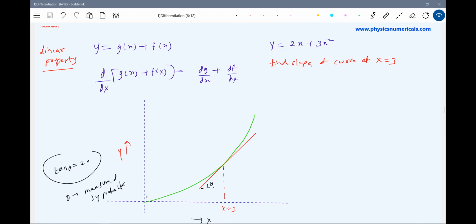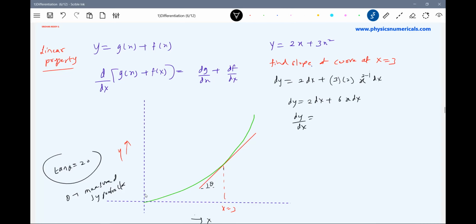So here we will proceed in this way. dy is equal to 2 dx plus 3 into 2x to the power of 2 minus 1 dx. So this will become 6x dx.